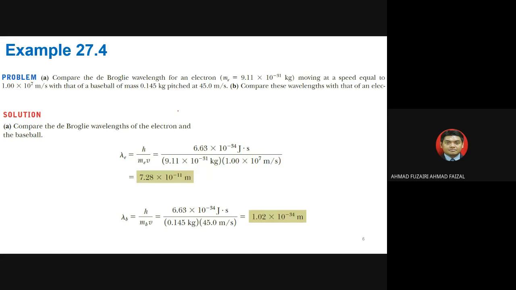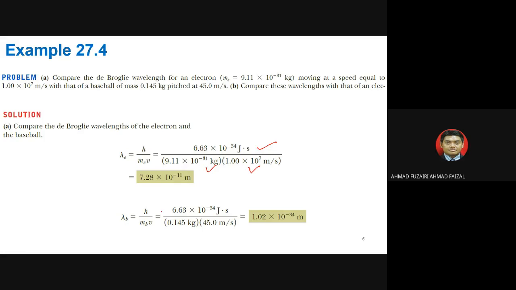So the solution: compare the de Broglie wavelength of an electron and the baseball. We need to compare the de Broglie wavelength of the electron and the baseball wavelength. Use Planck's constant, where me is the mass of the electron and this is the velocity of the electron.